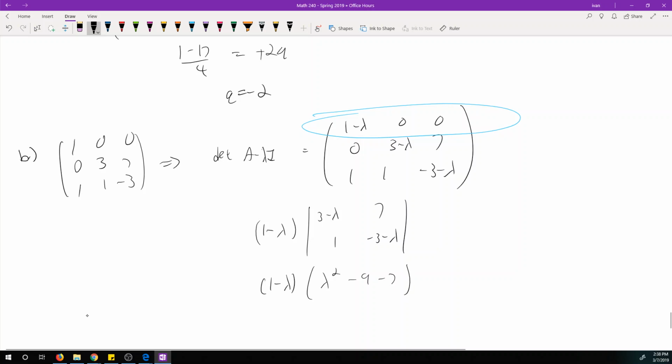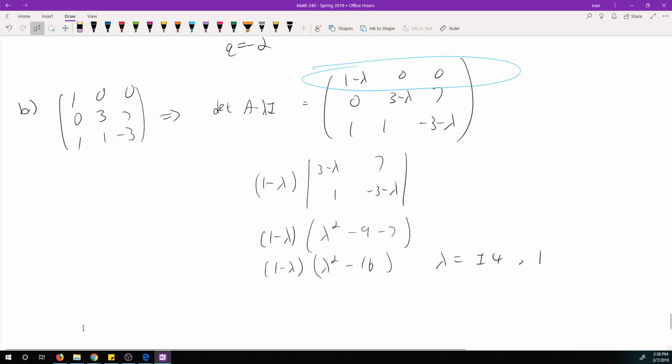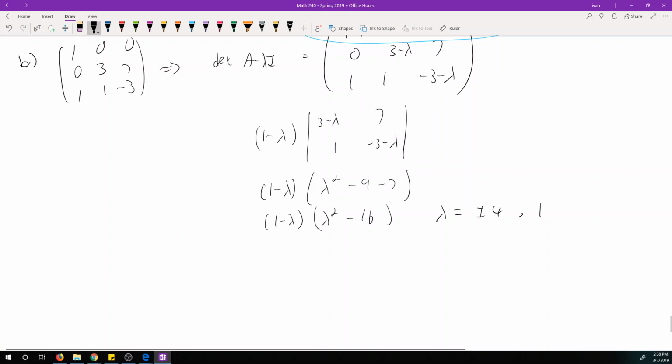So this is pretty good. So 1 minus lambda, lambda squared minus 16, so lambda is then equal to plus or minus 4, and then 1. And then eigenvector should be pretty easy from here. So lambda equals 1: 0, 0, 0, 0, 2, 7, 1, 1, negative 4.